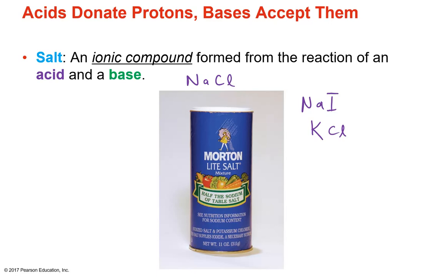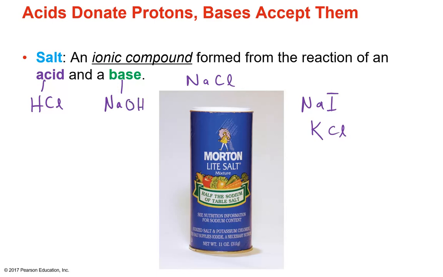A salt is a general term for the ionic compound that's formed when you mix an acid with a base. So a very common acid is hydrochloric acid. A very common base is sodium hydroxide.